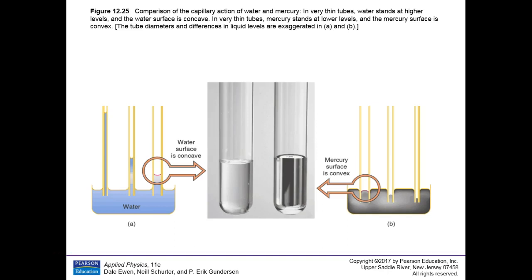So you have adhesion with the sides and cohesion pulling the other molecules up. You get this, and we call this a meniscus, that curved surface, and that surface is concave, like the mouth of a cave. It opens down.